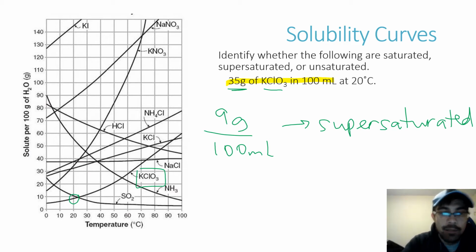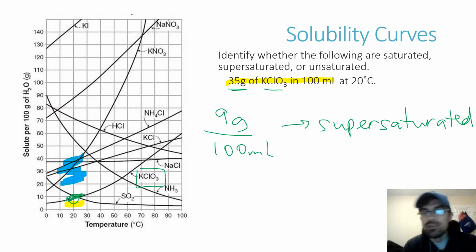And if it is below the line, we would say unsaturated. So again, above, anywhere up here, supersaturated. On the line itself, like it is in this case, right about here, maybe even one above, one below, then we consider it saturated. If it's below, then unsaturated.